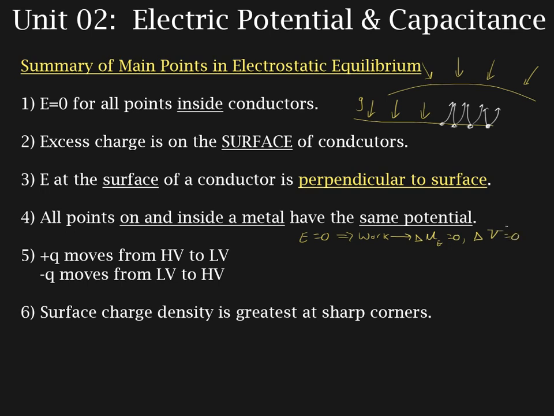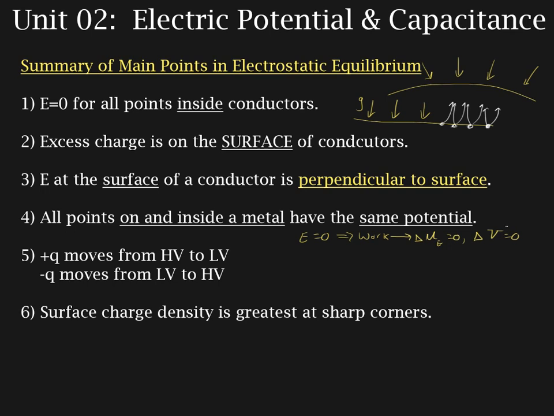All right, so you will gain or lose potential as you approach the metal, the conductor. But once you get to the surface and once you get inside, the potential remains constant. There's just no possibility for the potential to change because the field is now zero.